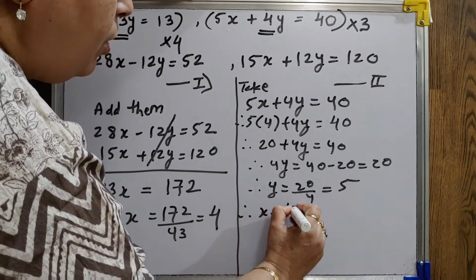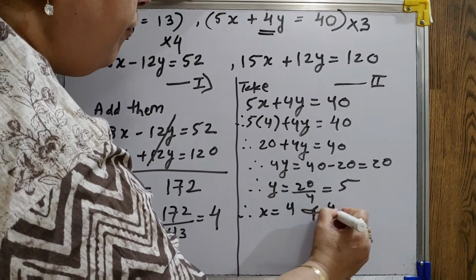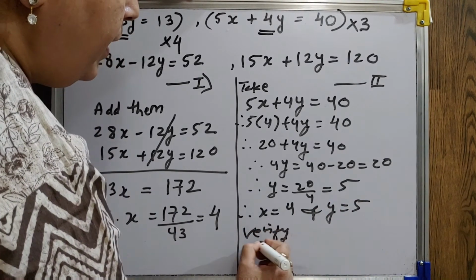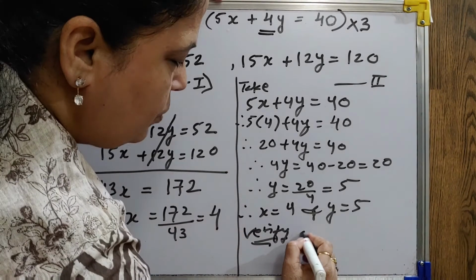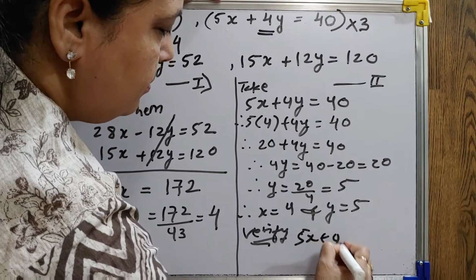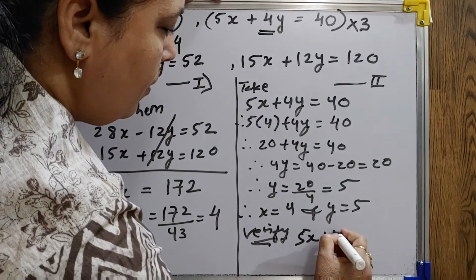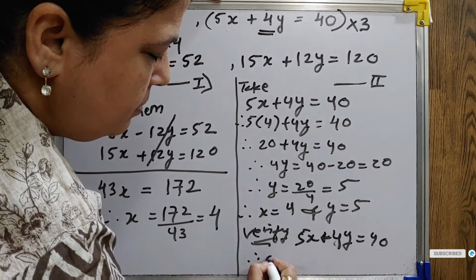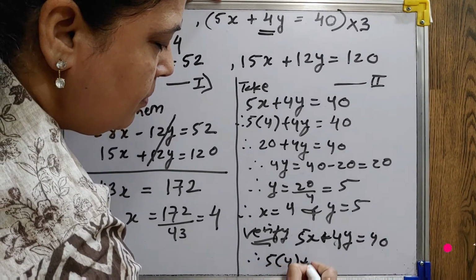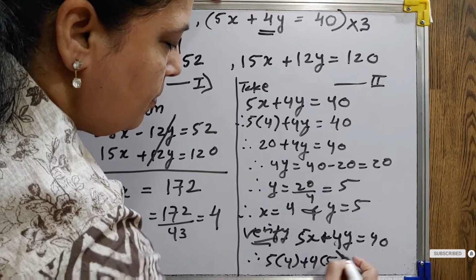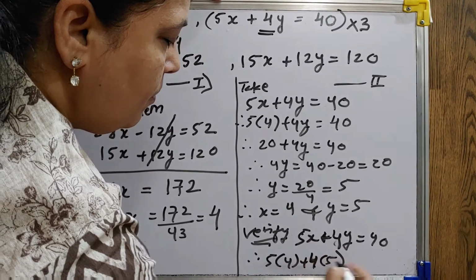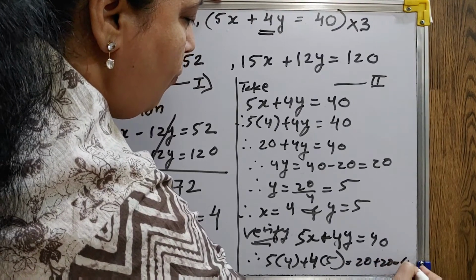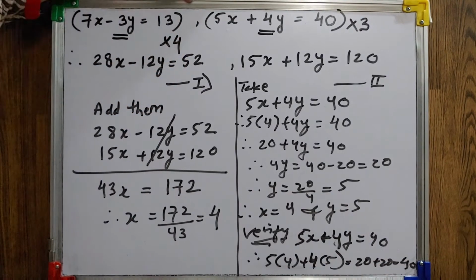So you got x equal to 4 and y equals 5. Then as I said earlier, verify. Again suppose I am taking the second equation. Substitute the values. 20 plus 20 is 40. So your value is verified.